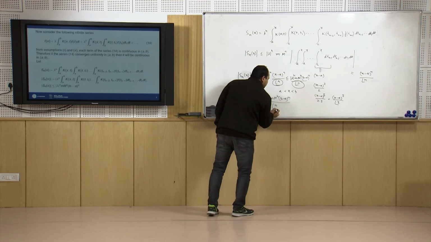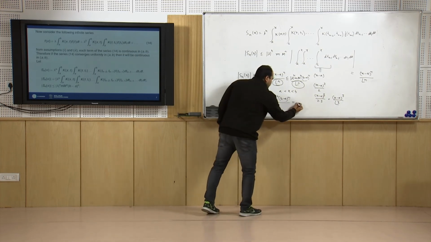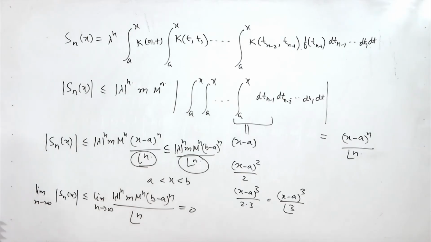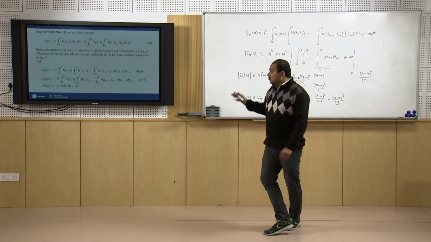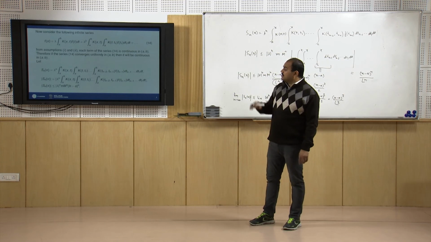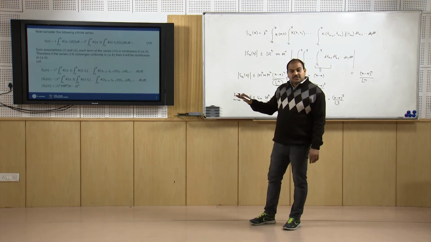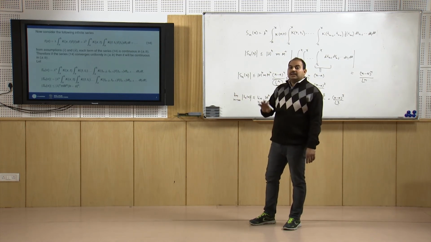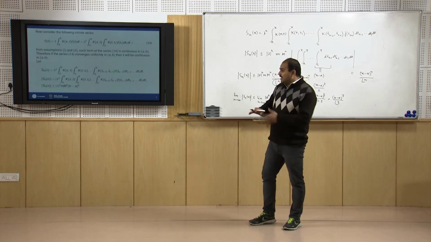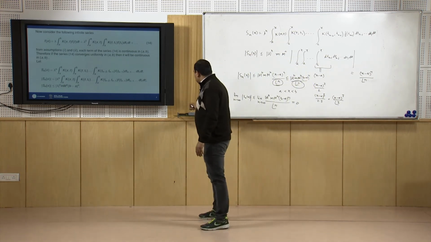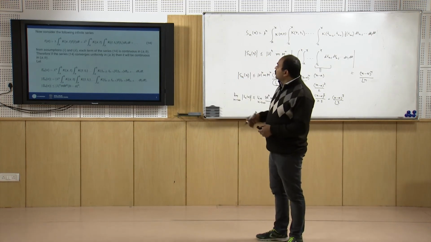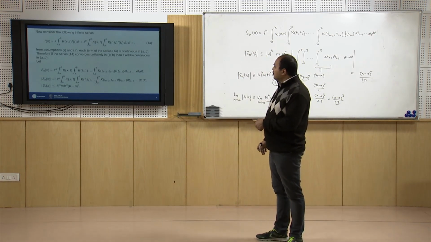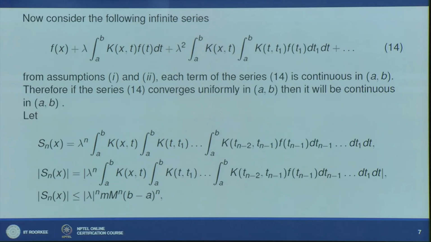I really do not care about the rest because this is nothing but a polynomial, and because of this factorial n, it is very rapidly going to 0. So because of this term, this tends to 0 whatever lambda is. So we can say that in the case of the Volterra integral equation, the nth term Sn(x) of this infinite series tends to 0 without any condition on lambda. As n tends to infinity, the solution is going to be represented by equation number 14 here, only b is replaced by x.